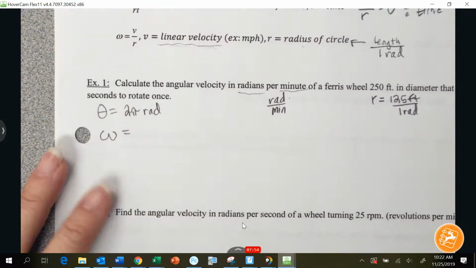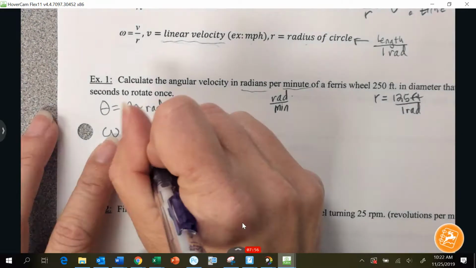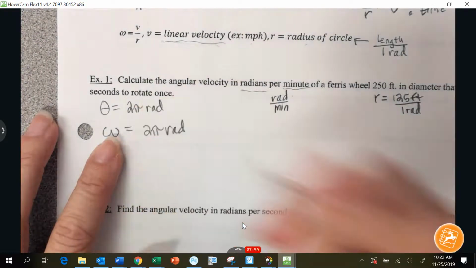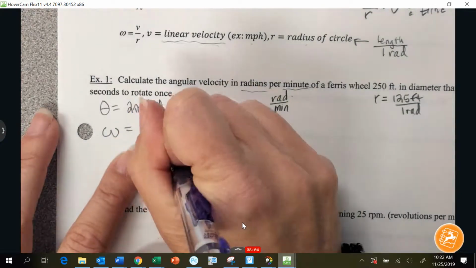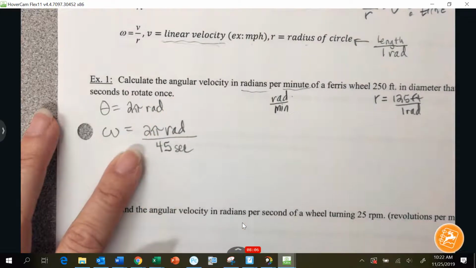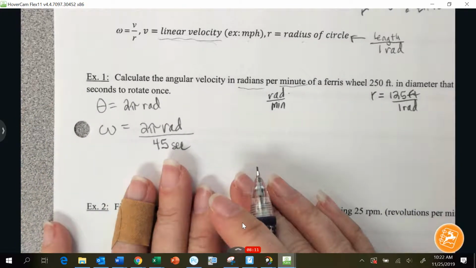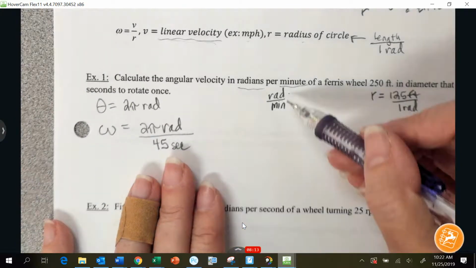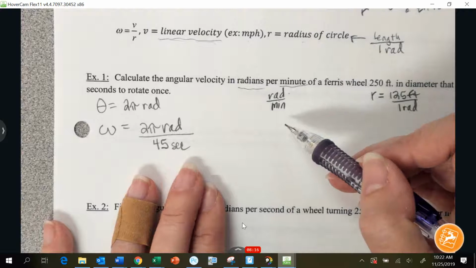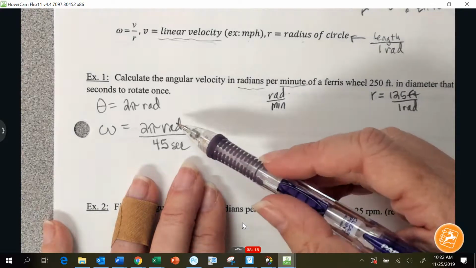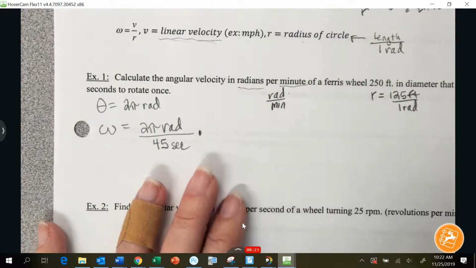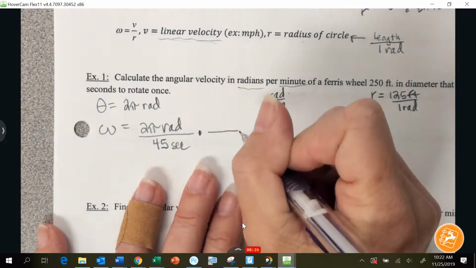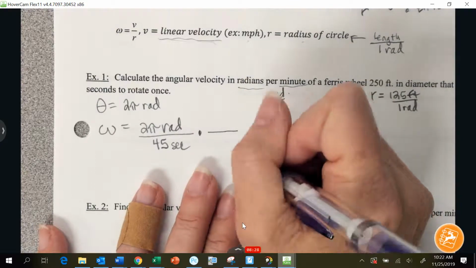So we're just going to take our theta, which is 2 pi radians, and divide that by 45 seconds. When I'm done, will I get radians per minute? I'm going to get radians per second. So now we're going to use a conversion factor, something that is equal to 1, but that converts seconds into minutes.